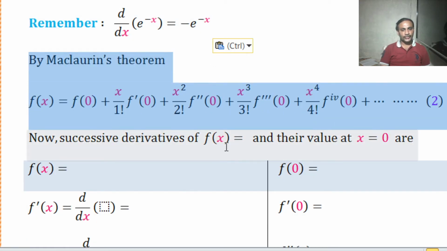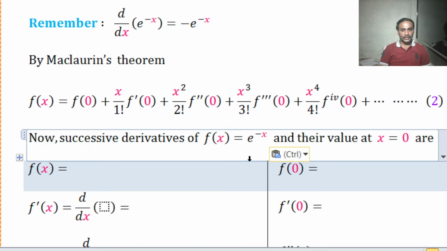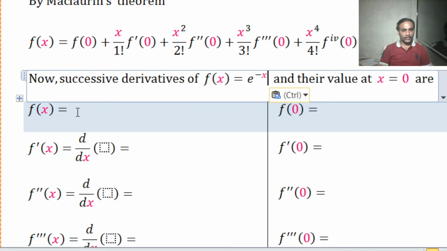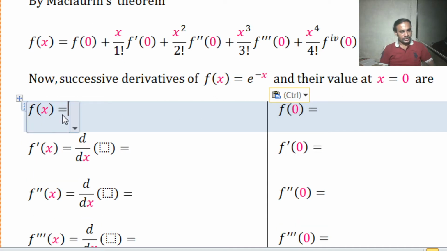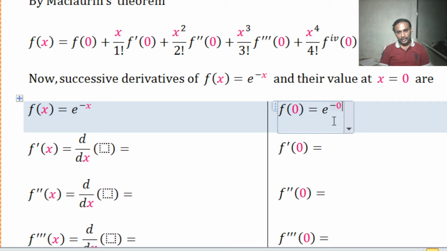Now the successive derivatives of the function f of x equal to e raised to minus x and their values at x equal to 0 are as follows. Here the given function is e raised to minus x, so we are finding f of 0, the value of the function at 0, and after putting x equal to 0, e raised to minus 0 is 1.